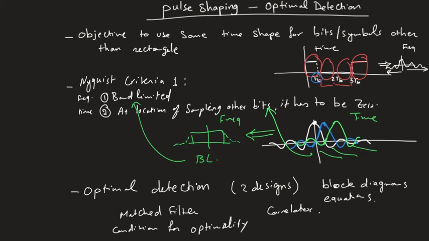So under polar signaling and with additive white Gaussian noise as the effect of the channel, the matched filter or the correlator receiver is optimal in terms of minimizing the probability of making a mistake.